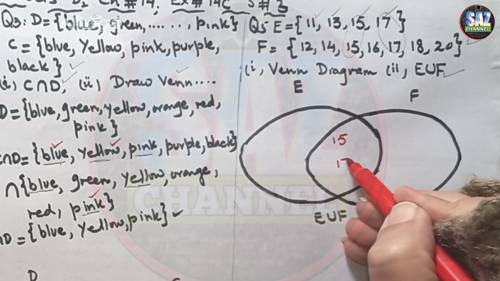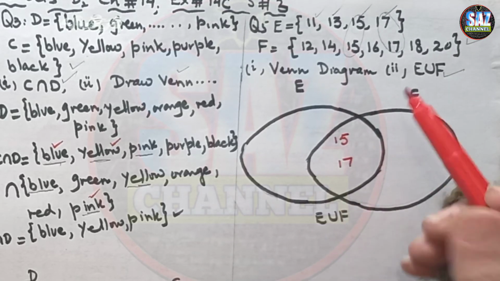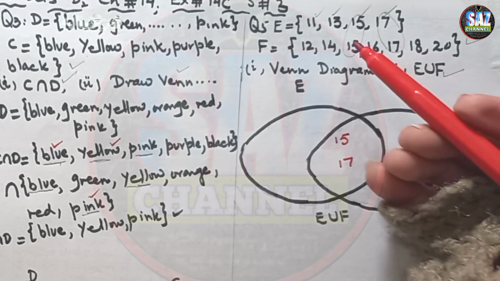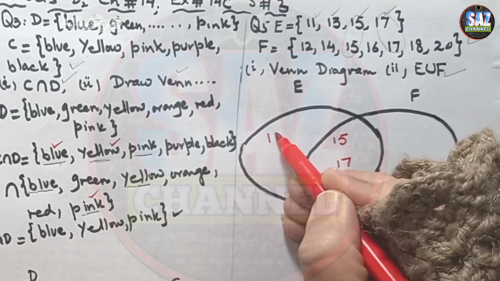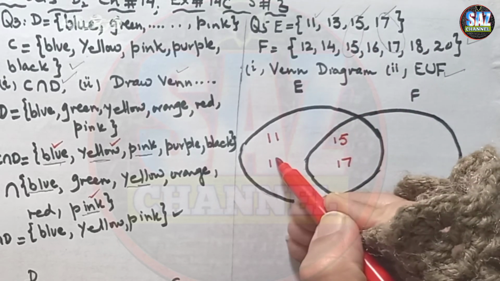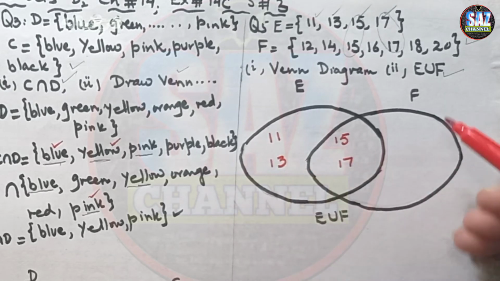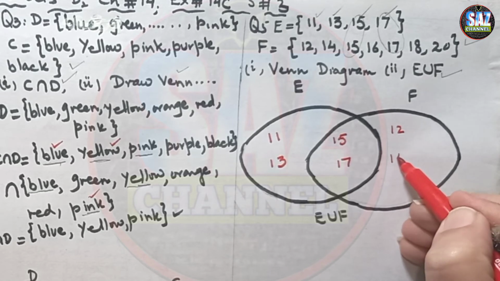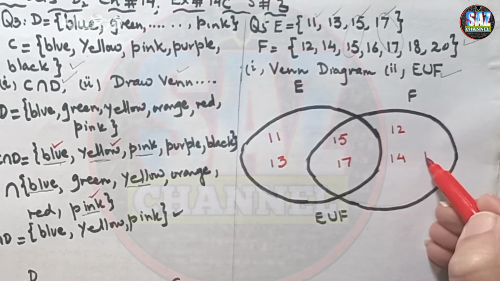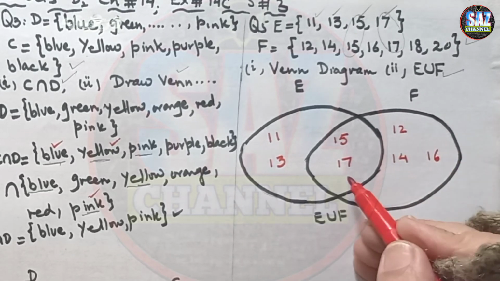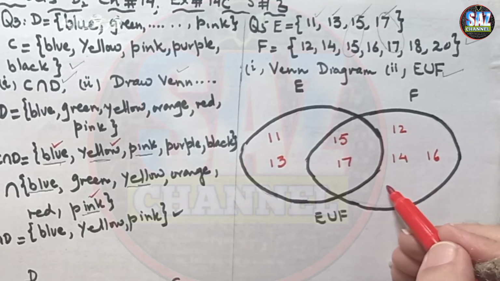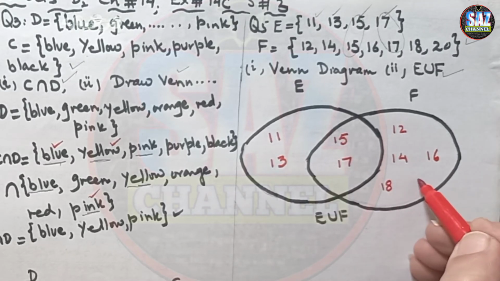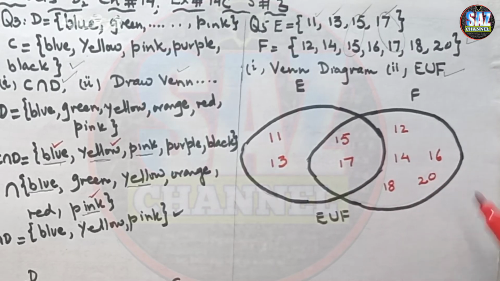Then I'm left with 11 and 13 for set E, and for set F I'm left with 12, 14, 16, because 15 and 17 I have written over here, and then 18 and 20. I hope you are clear how we are drawing the Venn diagram.